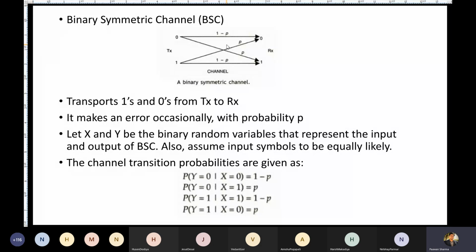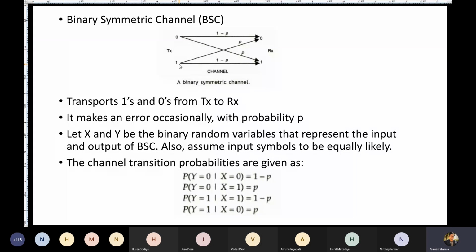But 90 times I transmit 0, it is treated as 0 at the receiver side. So P is your probability of error, occurrence of error. Similarly, I transmit 1, occurrence of error is P. Probability of occurrence of error when I transmit 1 is again P, and it is depicted as 0 at the receiver.